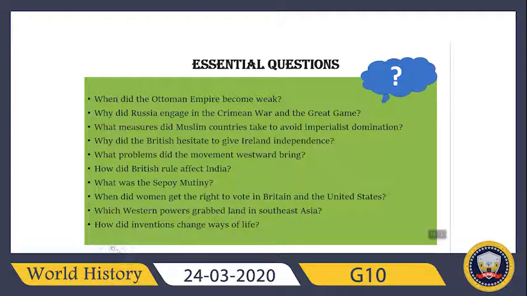What measures did Muslim countries take to avoid imperialist domination? Why did the British hesitate to give Ireland independence? What problems did the movement westward bring? How did British rule affect India? What was the Sepoy Mutiny? You should know in detail. When did women get the right to vote in Britain and the United States? Which Western powers grabbed land in Southeast Asia? And how did inventions change ways of life?